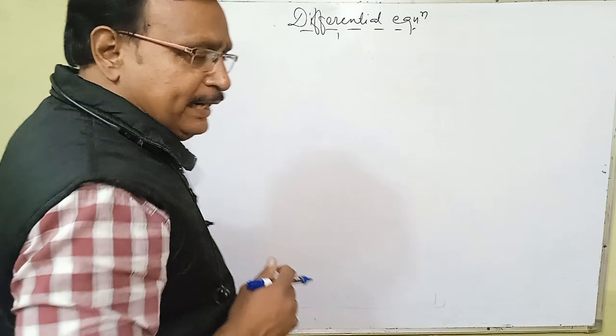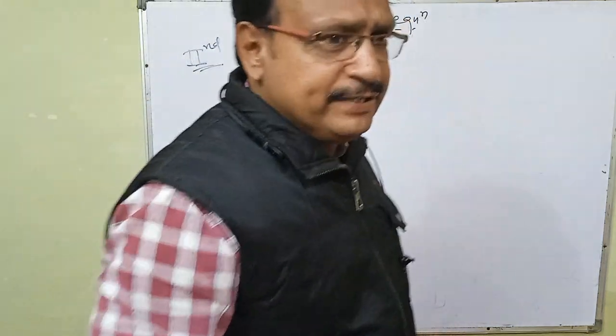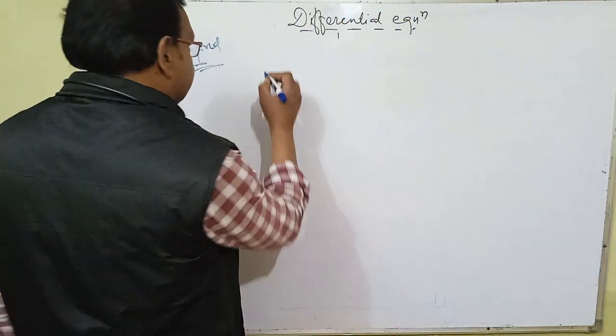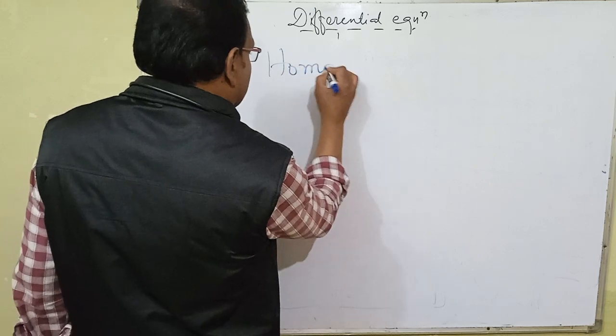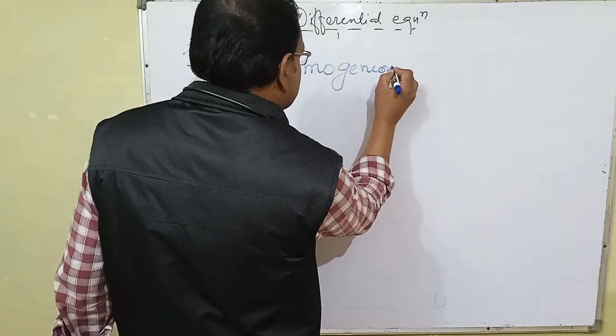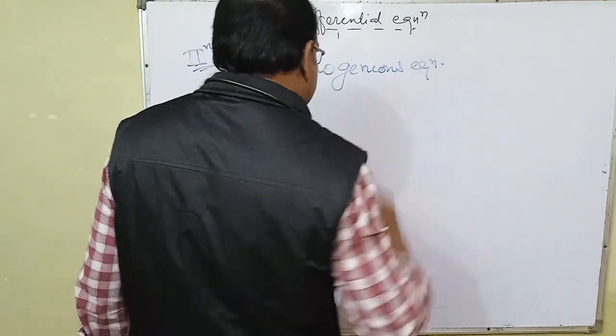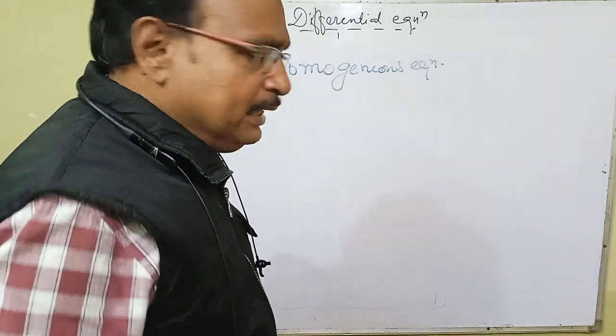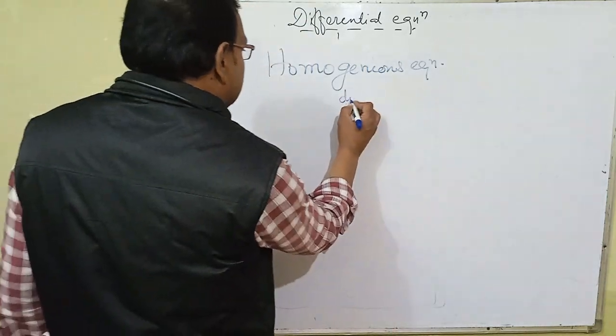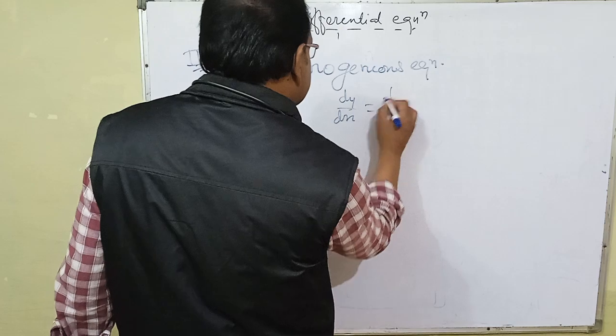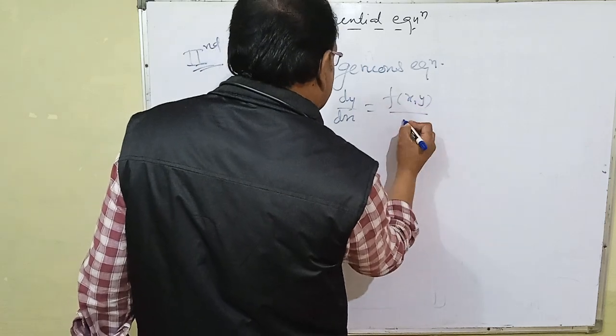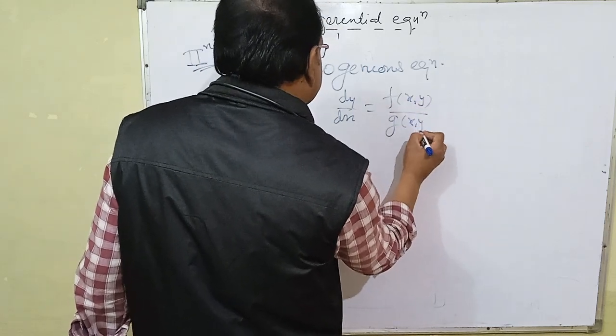Again, we come to the second type of differential equation, we say homogeneous equation. Homogeneous equation is in the form dy by dx is equal to f(x,y) upon g(x,y).